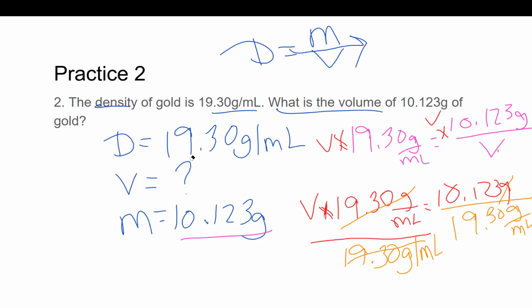And you notice that our grams, because we have grams on top and grams on bottom, they'll cancel out. So our volume is going to equal 10.123 divided by 19.30. Our volume is going to be equal to 0.524 milliliters.